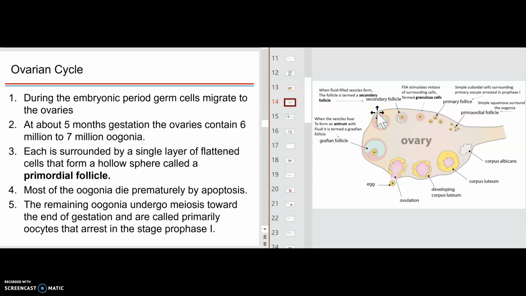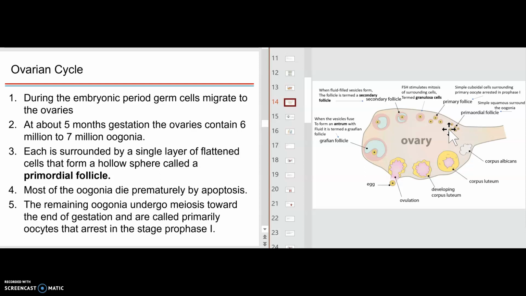Now, a follicle, so you'll understand, is within the ovary, and a follicle is an anatomical structure that has some surrounding cells covering the oogonia and later develop through meiosis oocytes.